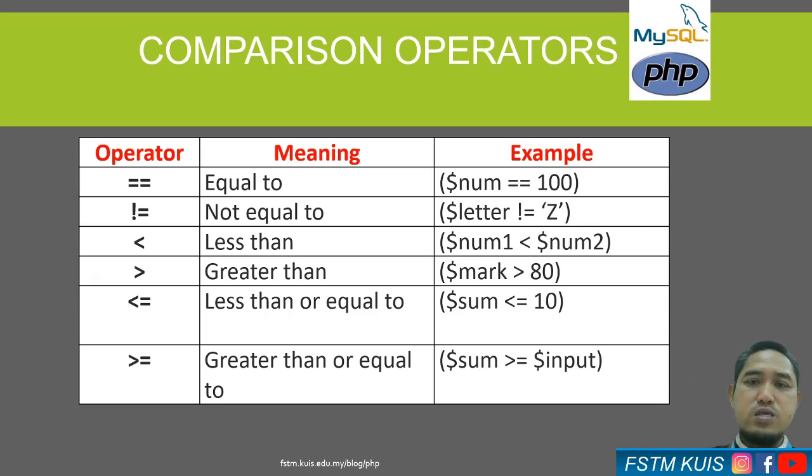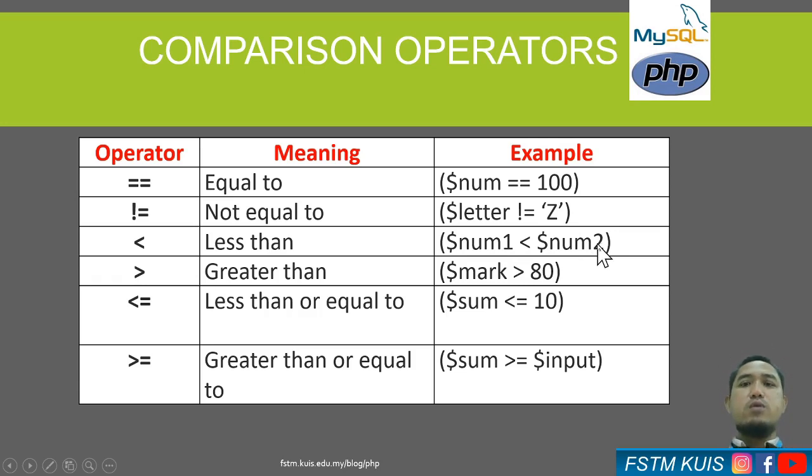So let's say we put 10 in num1 and 20 in num2. Is 10 less than 20? Obviously 10 is less than 20, meaning this statement will provide true as the answer of the comparison between num1 and num2.